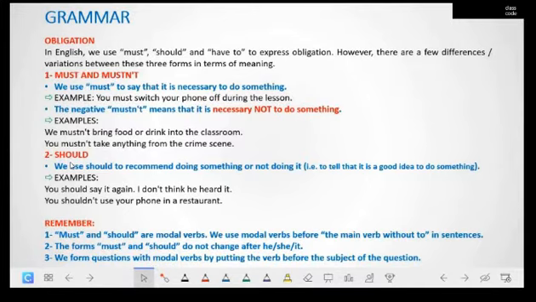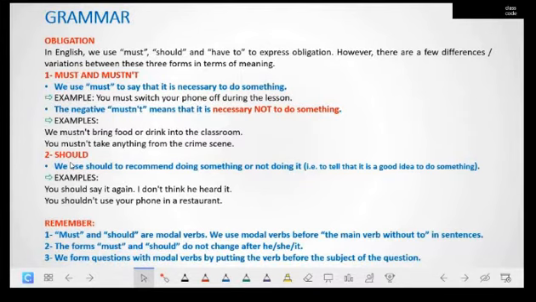So number one, must and mustn't. We use must to say that it is necessary to do something. Example, you must switch your phone off during the lesson. So this means that it is a rule that you have to follow. It's like a regulation that you need to obey.